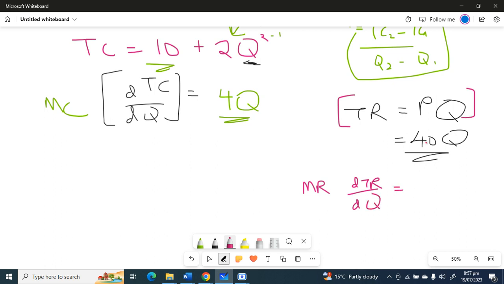So colleagues, when we derive 40Q, what is our answer? Think of this as 40Q to the power 1.